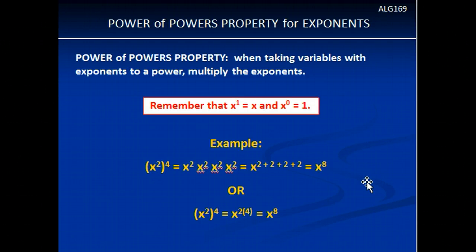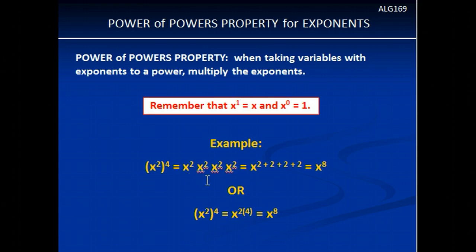Okay, so for example, it says when taking variables with exponents to a power. So here is a variable with an exponent, we say this is x to the second to the fourth. That means I have 4 x squareds.